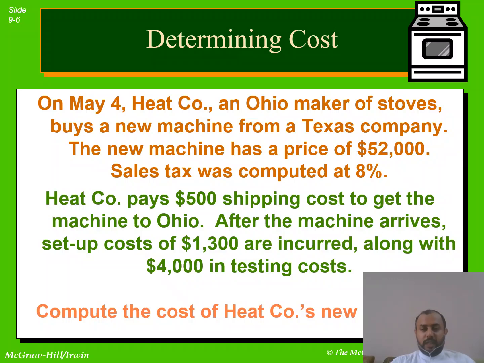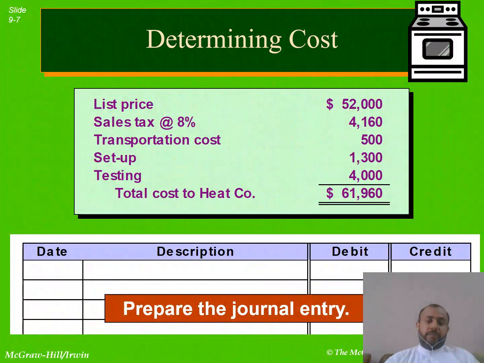You can see the solution on the screen. List price is $52,000. Sales tax 4160, that is 8% of 52,000. Transportation cost is $500. Setup cost or installation cost is $1,300, and the testing cost is $4,000.